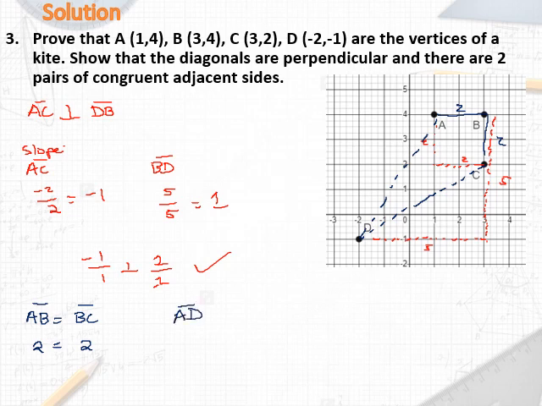So let's start with AD. AD, we've got up 5, right 3. So we got 3 squared plus 5 squared is equal to that hypotenuse squared. 9 plus 25, so that's 34.